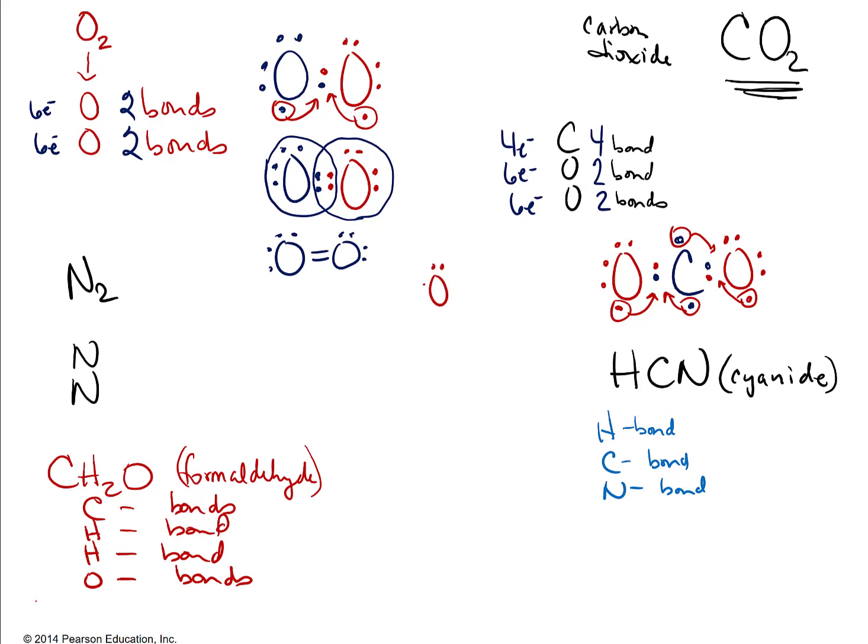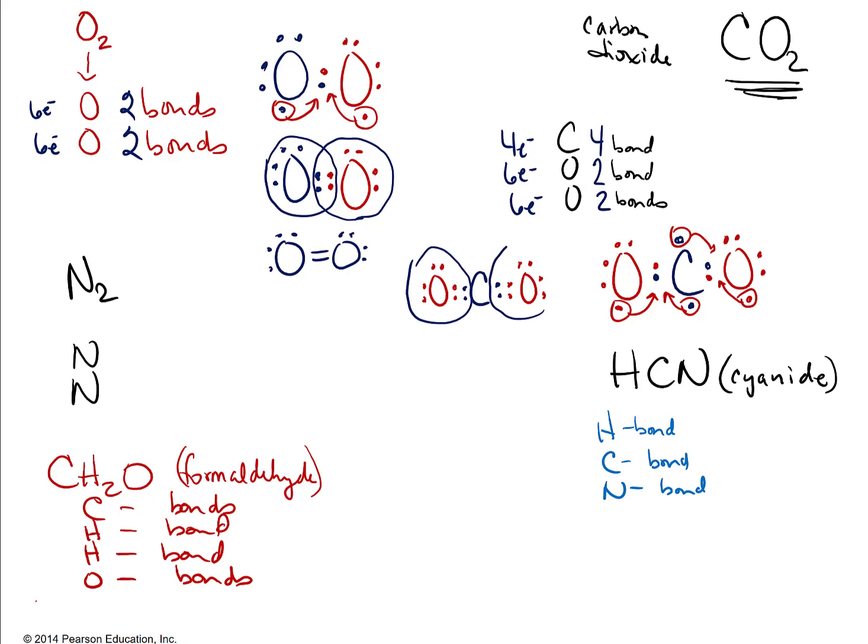So I end up with 1, 2, 3, 4, 5, 6. 1, 2, 3, 4, 5, 6. And then in the center is the carbon. 1, 2, 3, 4. This oxygen can behave like it has its 8.